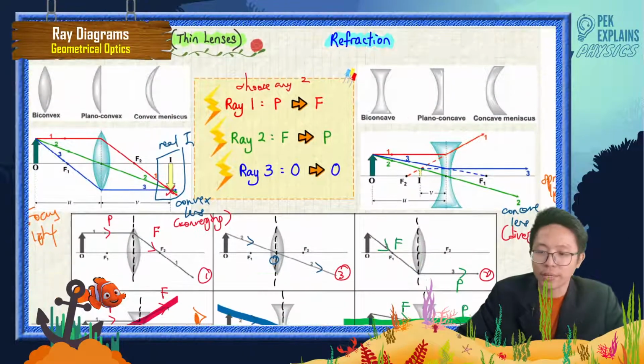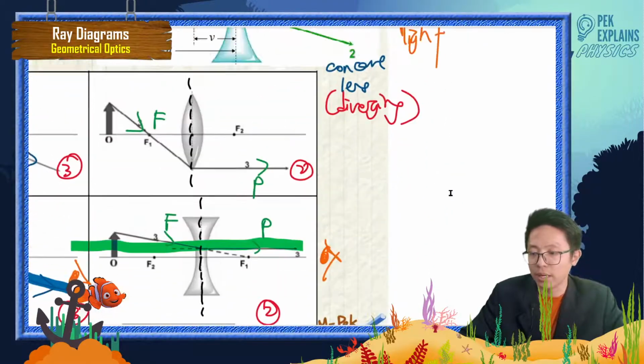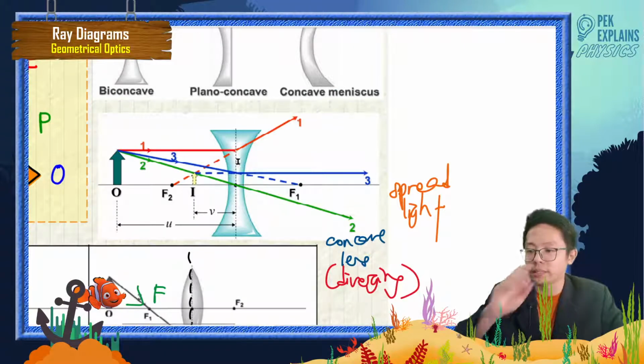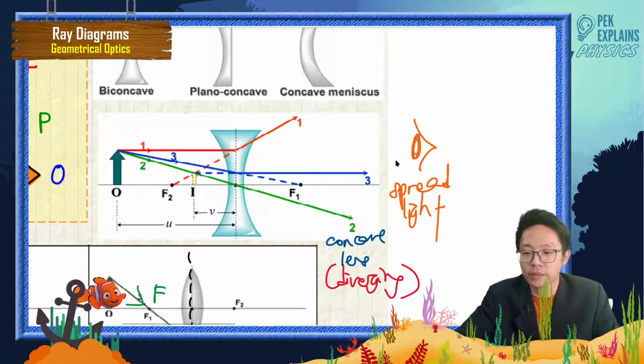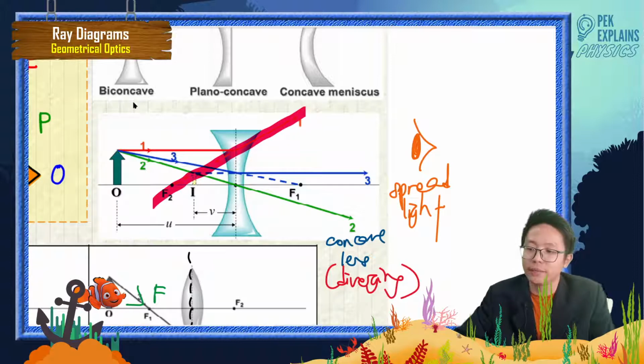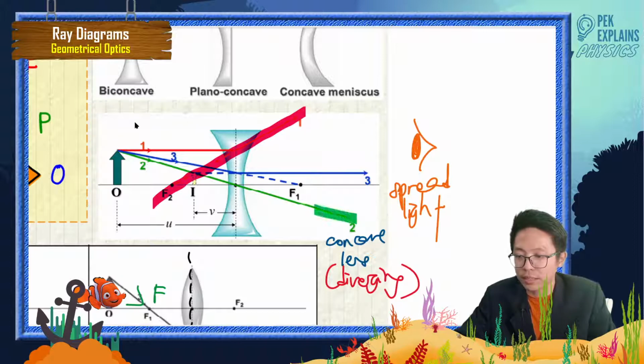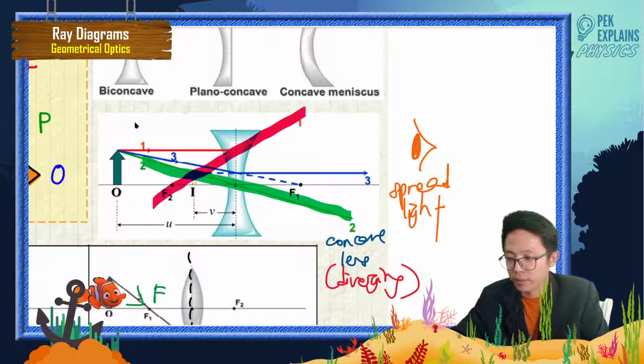So, conclusion. This is the concave lens. Look at this one. I see a virtual image through the lens. If my eyes are over here, I think the first light comes from a straight line like that. And I also think the second ray, the green light, comes from a straight line, from here.